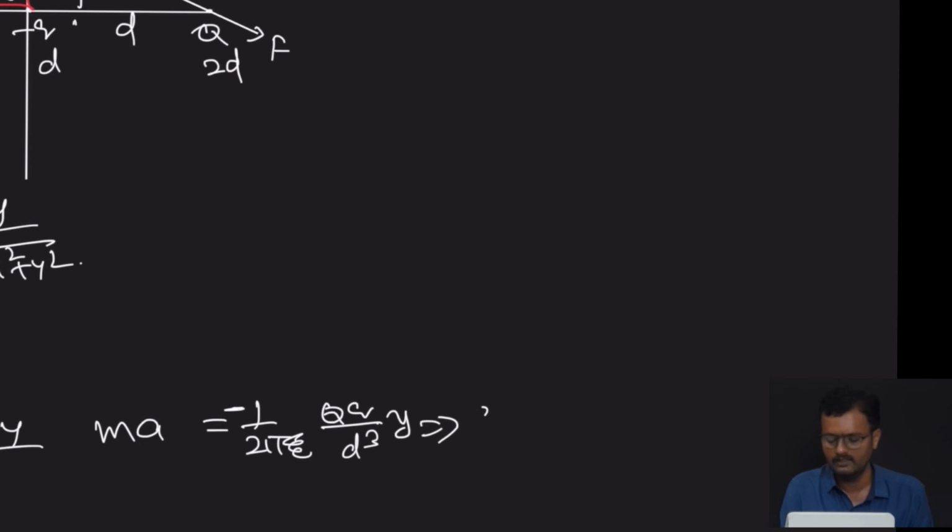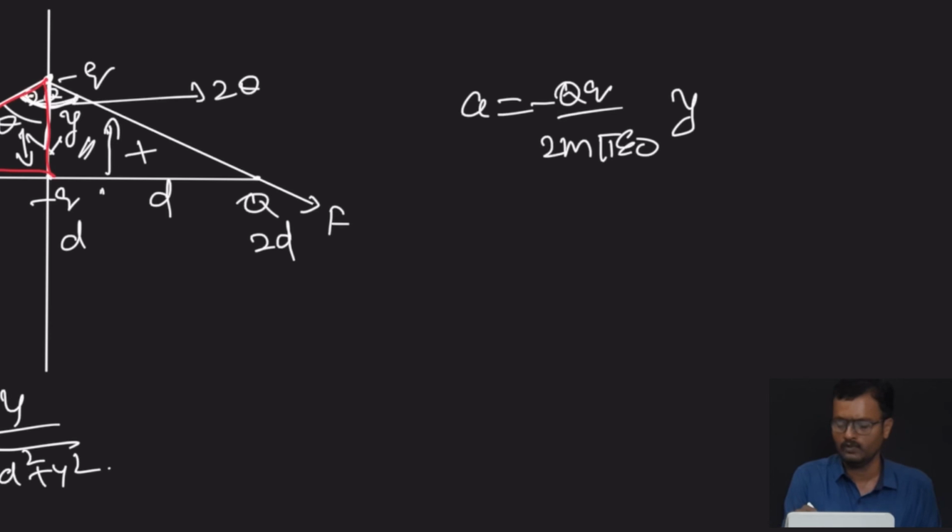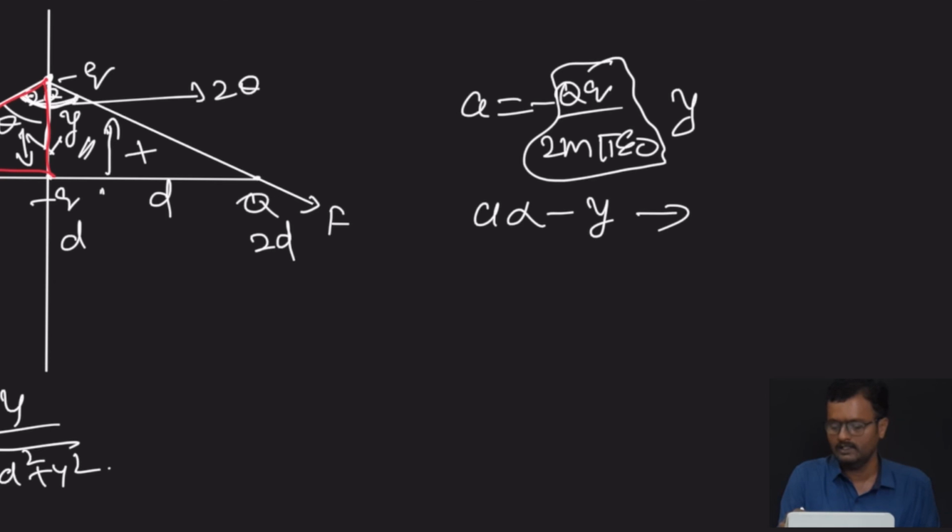That implies a is equal to minus 1 by 2m pi epsilon naught, Q cubed by d cubed, into y. Here these are all constant terms, so a is proportional to minus y. This is the condition for simple harmonic motion.